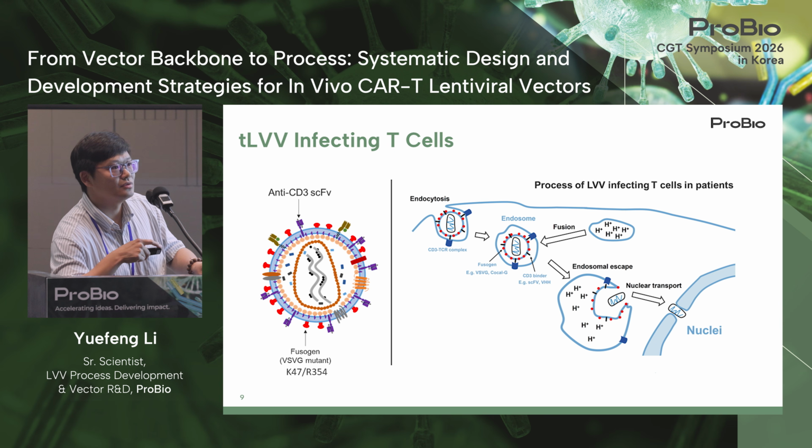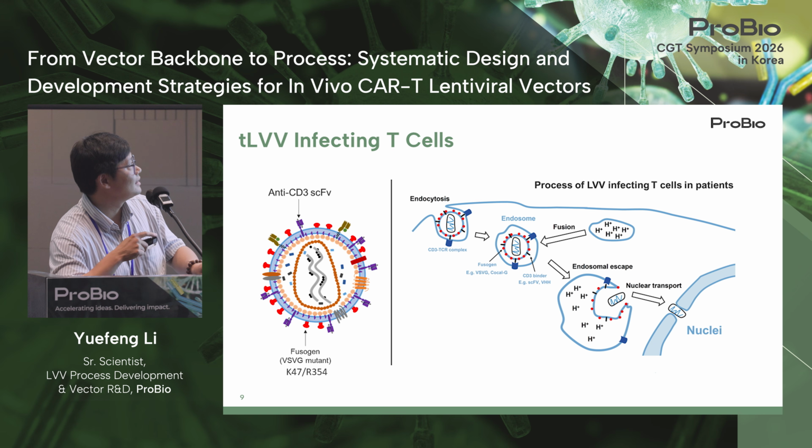We have to detarget it to let it be blind to its cognate receptor, LDLR. So we do some mutations, for example, K47 and R354 mutations on the VSVG, so it won't be binding its receptor anymore, but still it can mediate the fusion. But who is doing the receptor binding job?